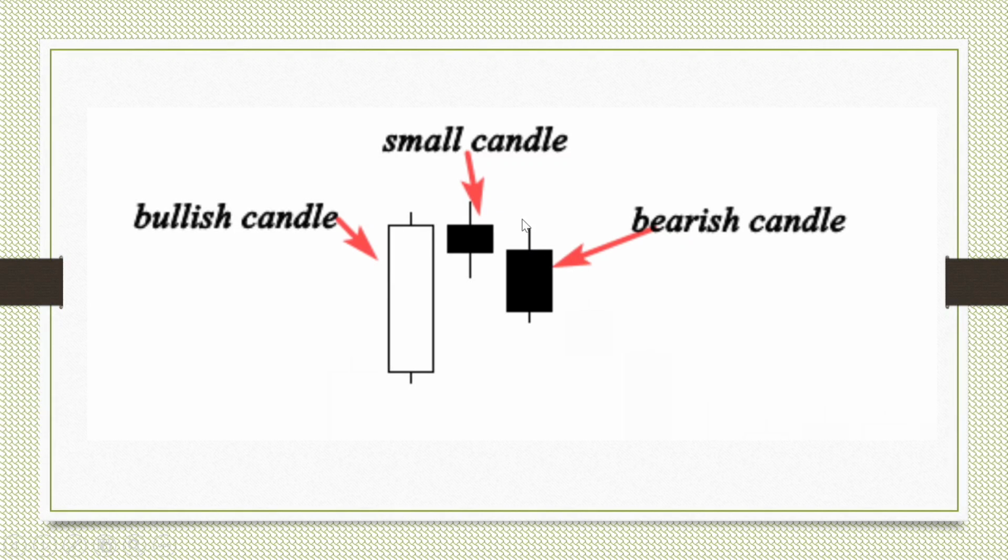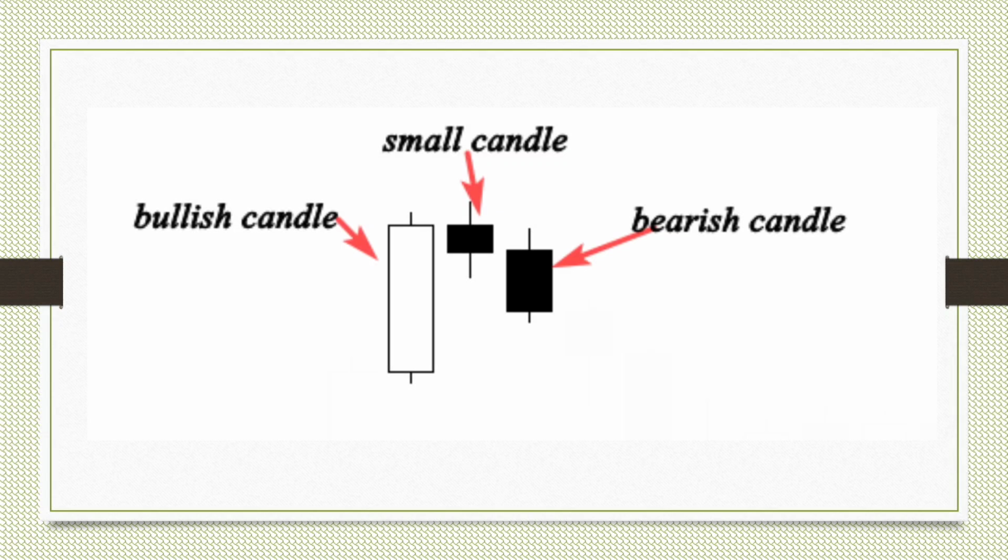Now once you see this candlestick form on the charts, what you should be doing is expect price to go to the downside. These candlesticks are formed mostly at the top of an uptrend, and like I said, whenever you see them at the top of an uptrend, expect price to go to the downside.